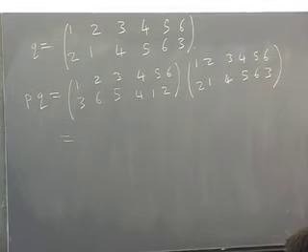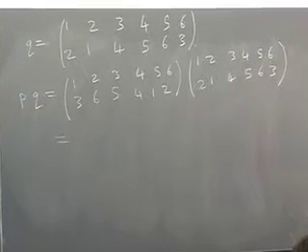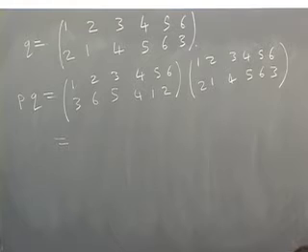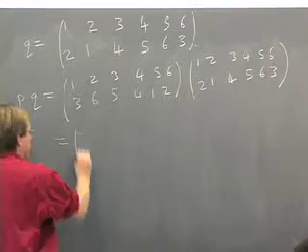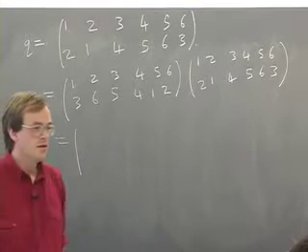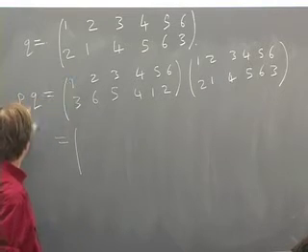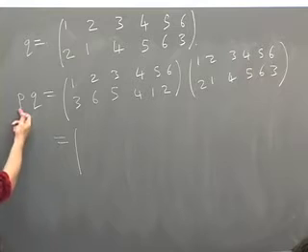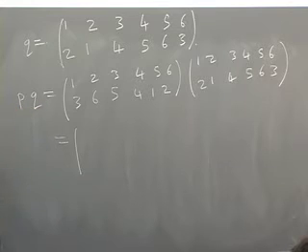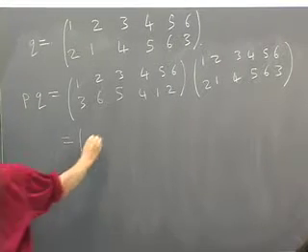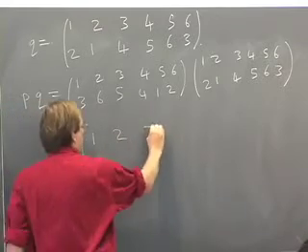So are you all familiar with how you would calculate a product like that? Somebody's shaking their head. So, sorry? Right. So what would happen to 1, because we're writing the action on the right?